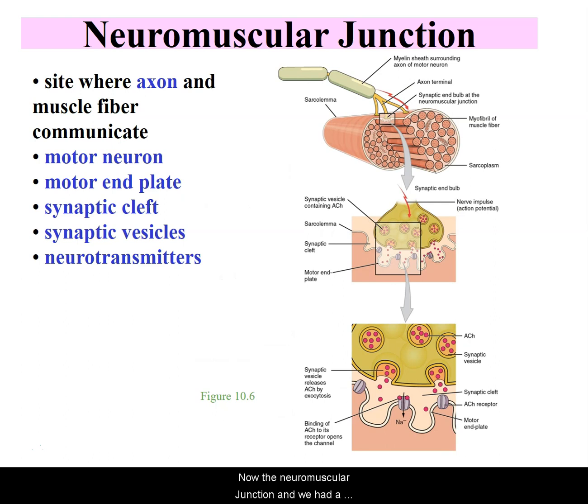Now, neuromuscular junction. We had a picture of a neuromuscular junction in lab, or when we looked at the pink colored model, we saw a neuromuscular junction on the side of that model. The neuromuscular junction is the site where the axon and the muscle fibers communicate. The neuron will be a motor neuron of the peripheral nervous system.